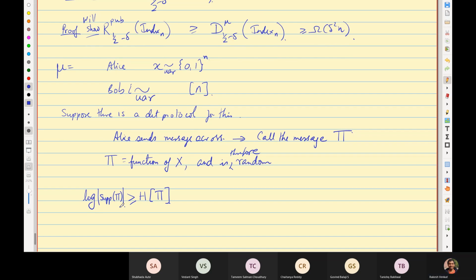This is nothing but, if pi takes values over this domain, then of course you need to encode it, as we know, by at least log of the support. So this is by our inequality. Now this thing is what? Well, this is greater than or equal to, well, this is a trivial thing.